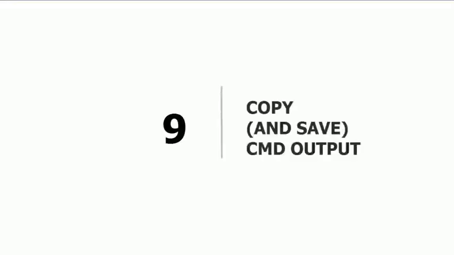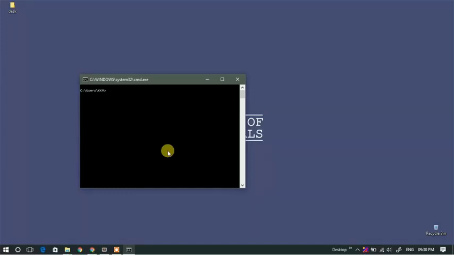Ninth, copy CMD output. Now, if you want to save the output of your CMD command, there is a simple way to do that. Simply type in your command, then space, the pipe symbol, then type clip, then hit enter. So this is going to save the output of this particular command to the clipboard.